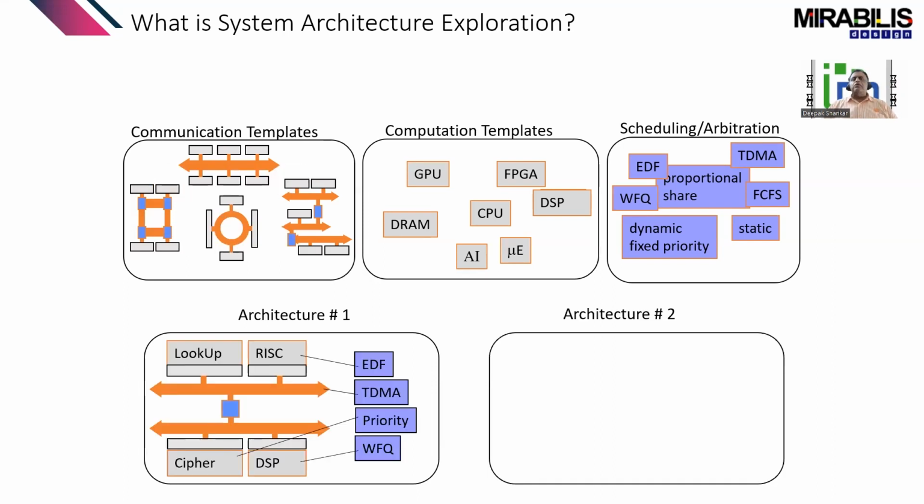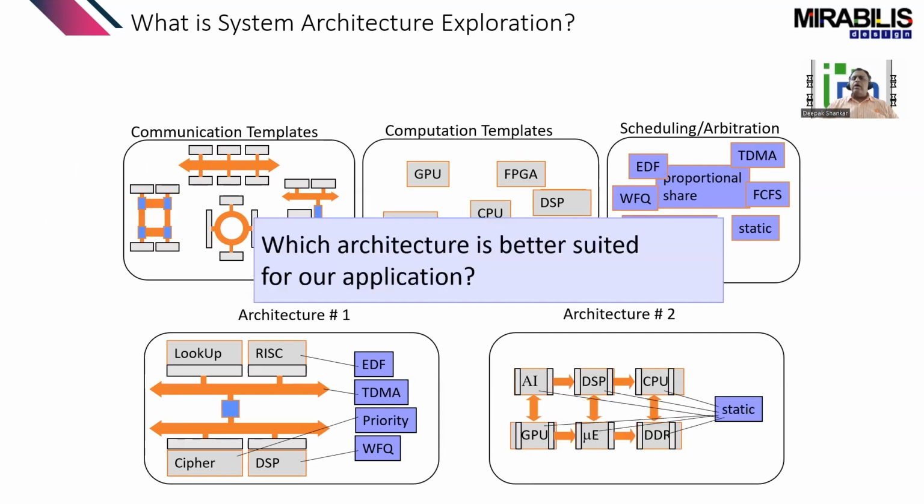The way you're going to put them all together is by figuring out, one, what is your application? And two, what are the requirements in terms of performance, power, area, costs, resources, efficiency, failures, assurances, and things like that.